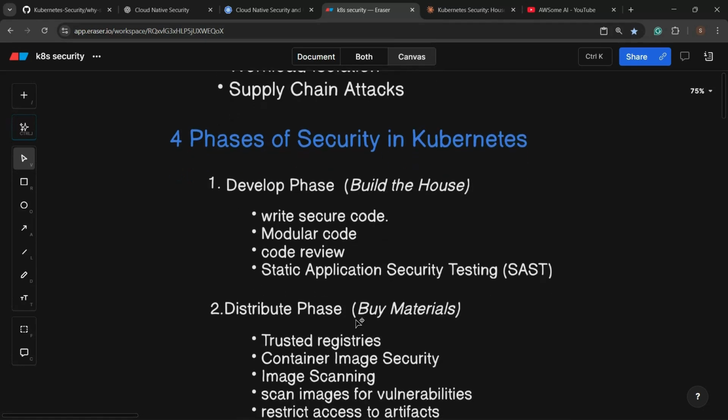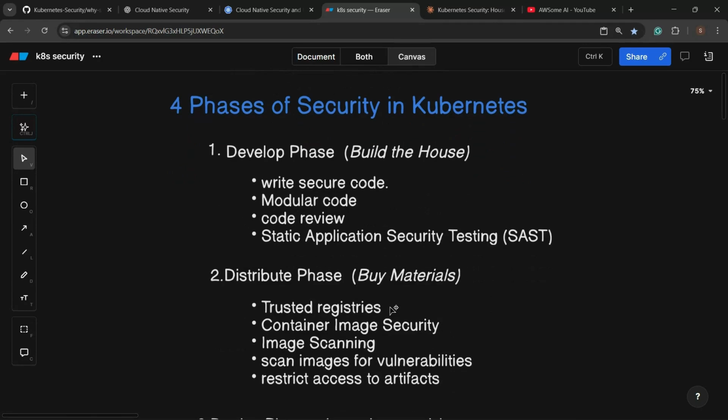Next is static application testing, which means you scan your code on a regular basis to understand the issues and prevent big problems. This can be done by using tools like SonarQube and others.